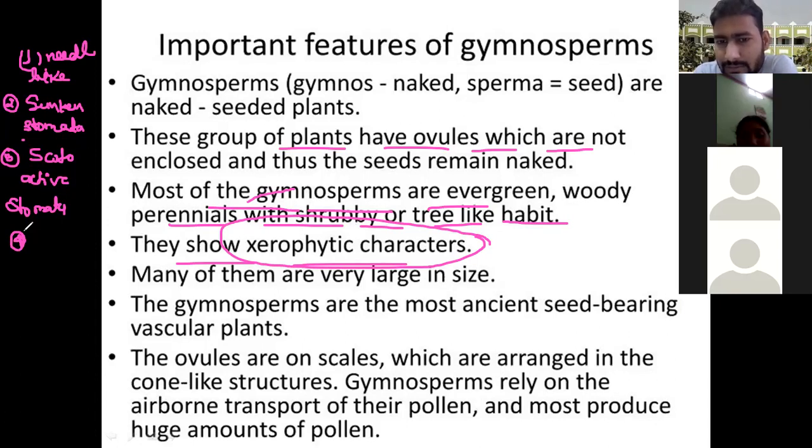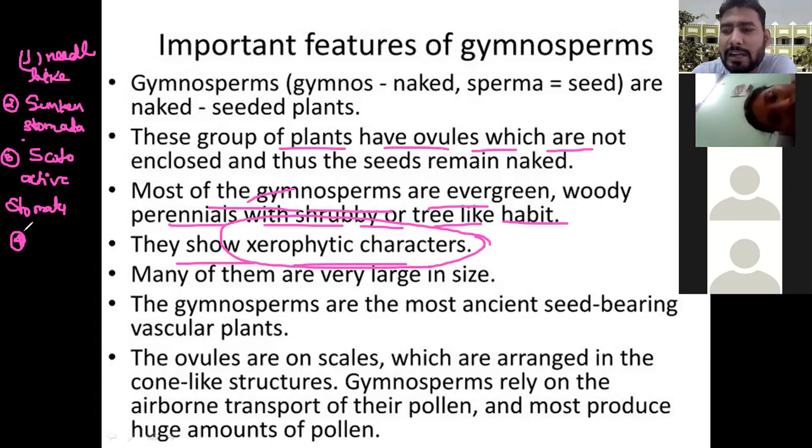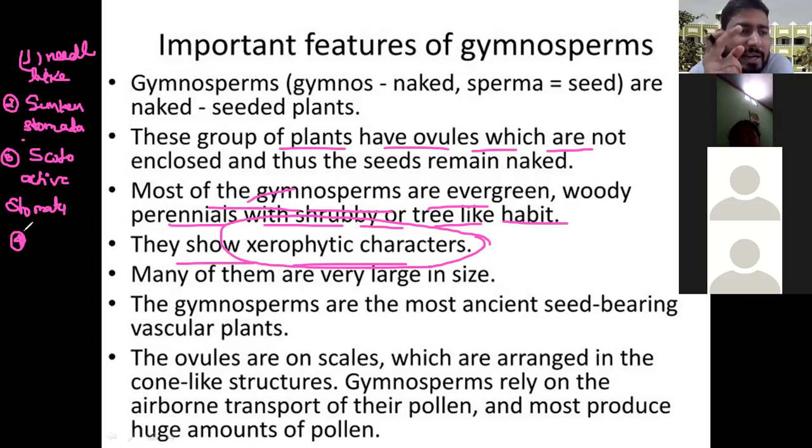Stomata that open during the night time, sir. Yes. Scotoactive stomata means the stomata which open during the night time. Clear? That is called scotoactive stomata. So needle-like leaves, sunken stomata, and third is the scotoactive stomata.